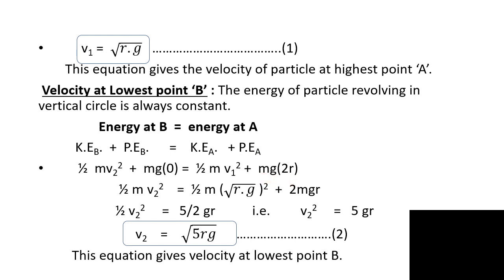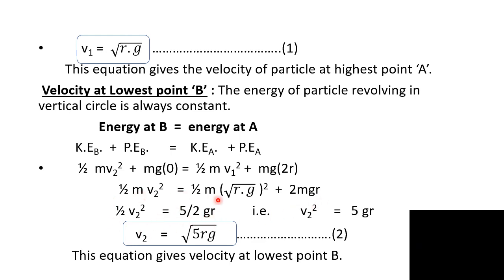Solving, we get half mv2 square equal to half m into root rg bracket square plus 2mgr. So rg becomes rg. So half mrg plus 2mgr is nothing but 5 by 2 mgr.